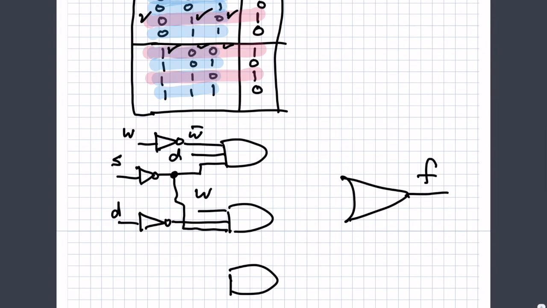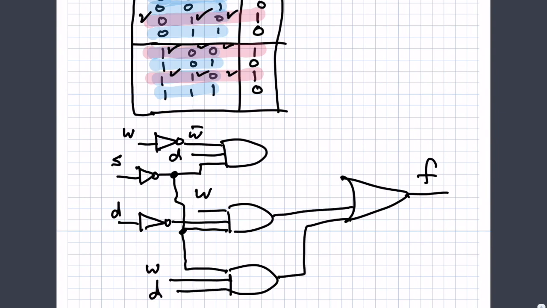And then the last case, I need a W, D, and S bar. Again, I've got S bar already, and I need to put in the W and the D. So here we go. This is our sum of products circuit for the alarm.